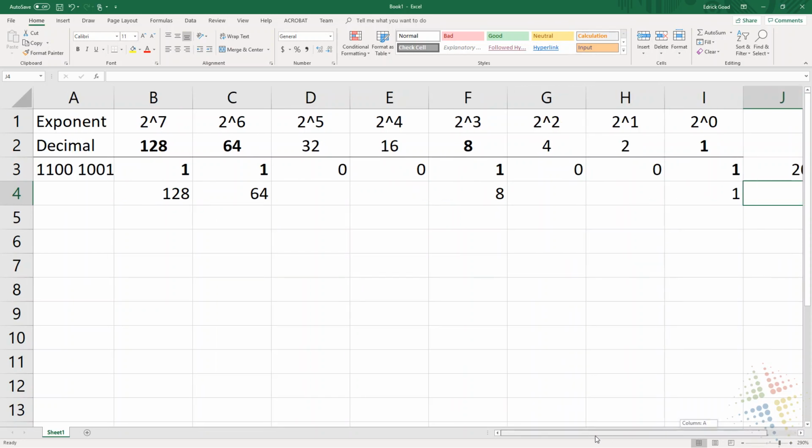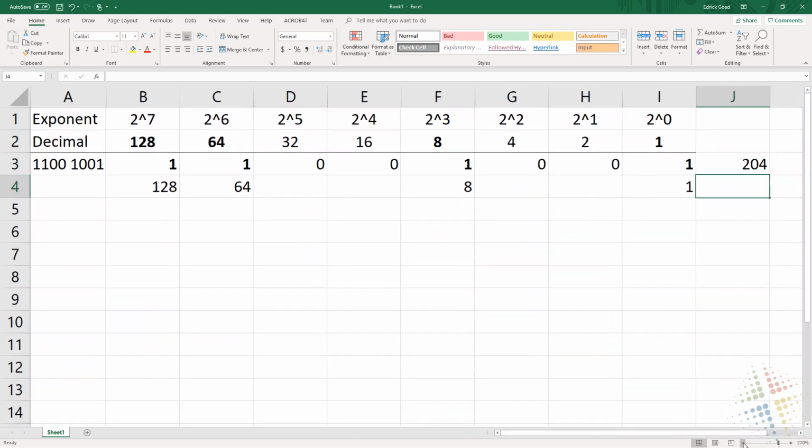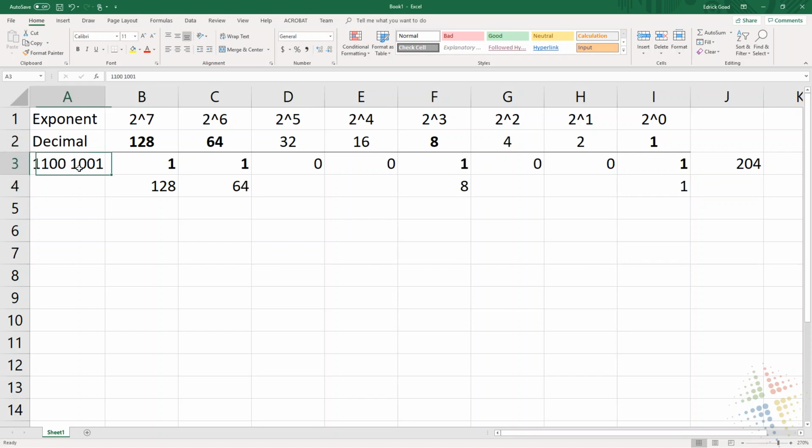And it's just that simple. It's just that simple to be able to convert a binary number into a decimal number. Just simply break it out according to these columns here, write out the ones, and then add them up.